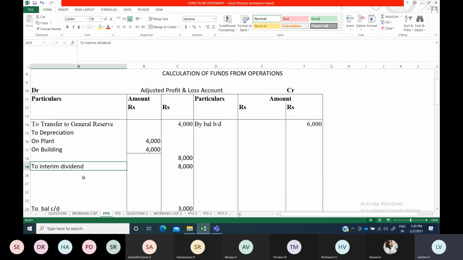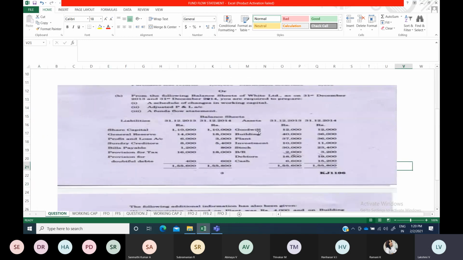If there is any transfer to general reserve, it will come here. And goodwill written off will also come under the debit side of the adjusted P&L account. For goodwill, there is no write-off of the same amount, so you can skip that.